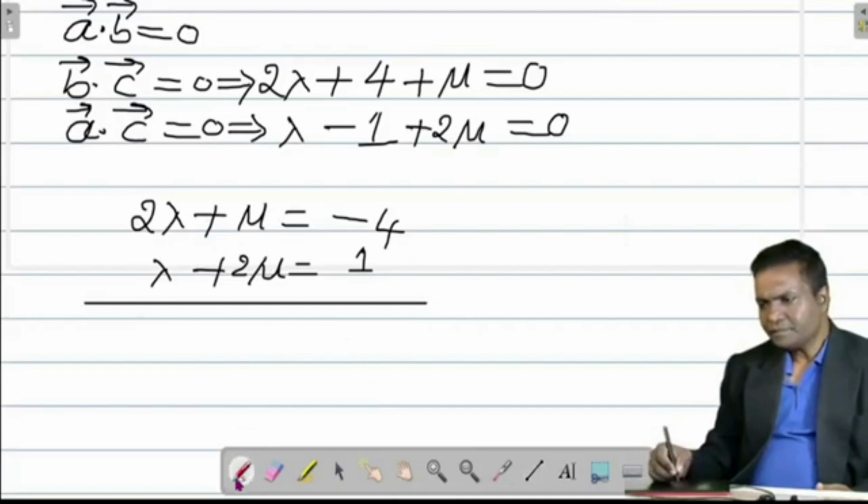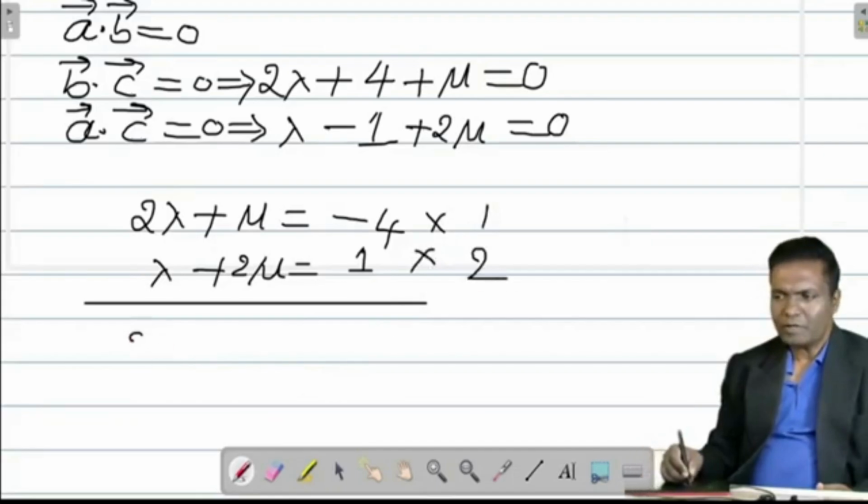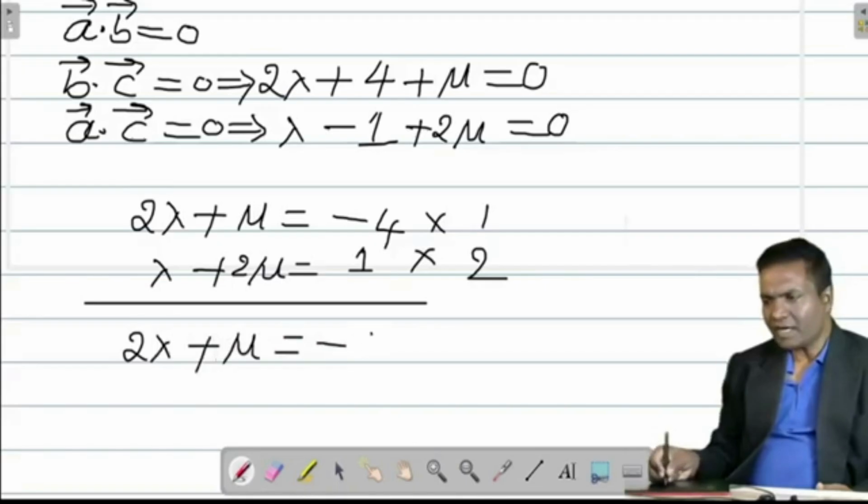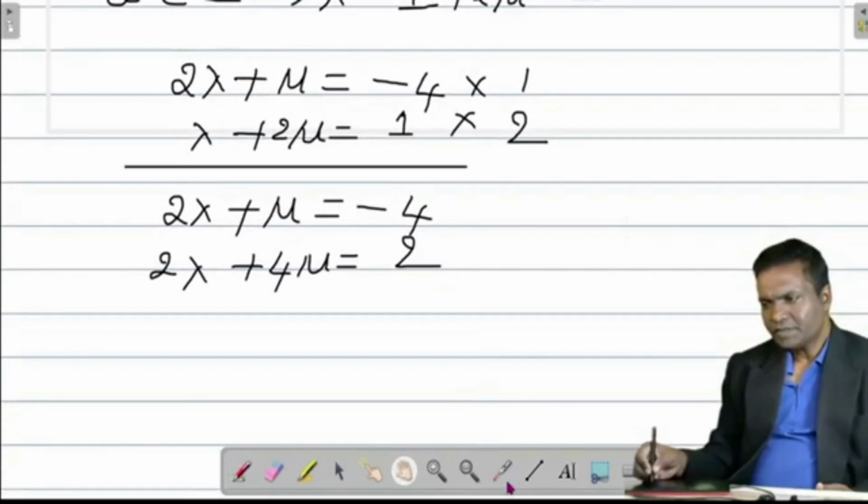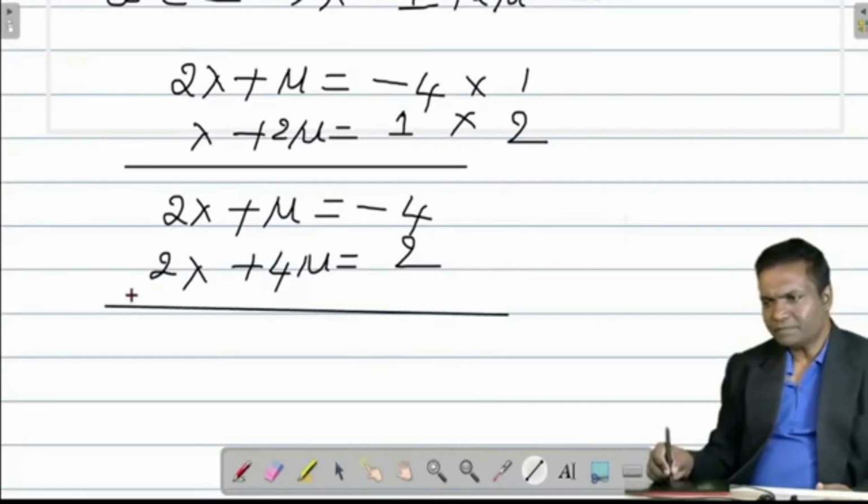To eliminate lambda, multiply this by 1 and this by 2. So what will we get? 2 lambda plus mu equals minus 4, and 2 lambda plus 4 mu equals 2. Change the sign so as to eliminate lambda.